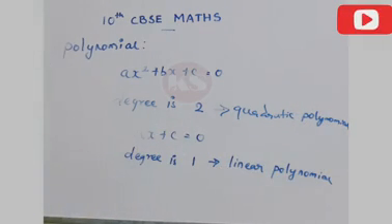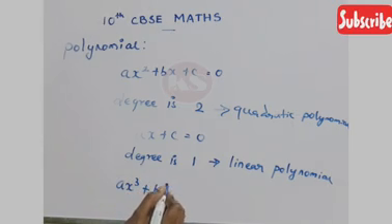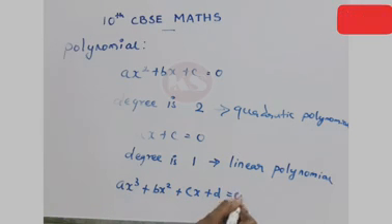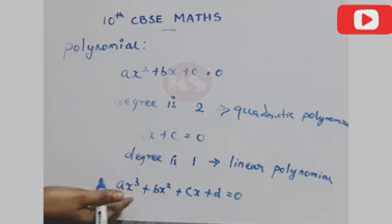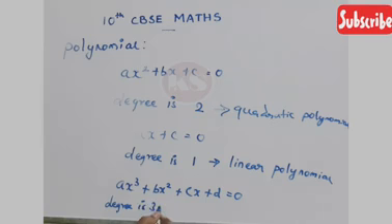And degree 3, like ax cube plus bx squared plus cx plus d equal to 0. In this the highest power of x is 3, so the degree is 3. That is called a cubic polynomial.